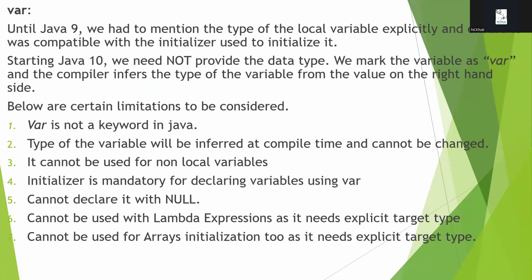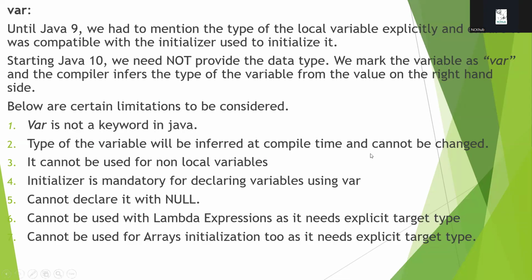Okay, the type of variable will be inferred at compile time and cannot be changed. As I showed you in the earlier example, once the JVM has inferred a type for a particular variable name, you have to override only with that particular type of values. You cannot change the data types to other values.